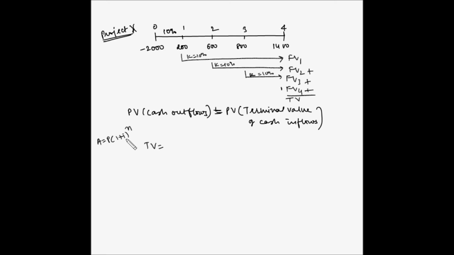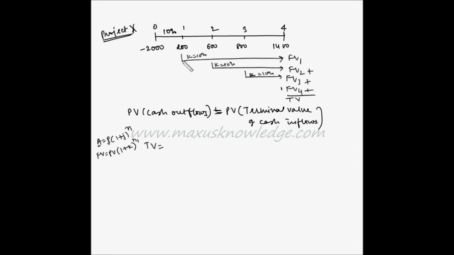I is the rate of interest per compounding period and N is the number of compounding periods. Now in our context we can say this A is the future value, P is the present value, I is K, and N can be written as N1.